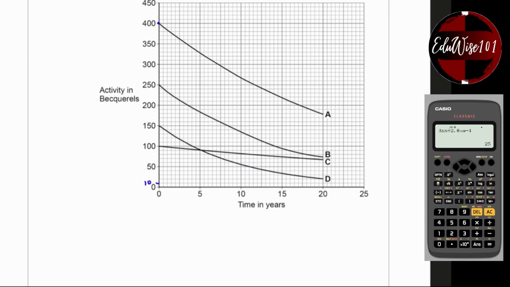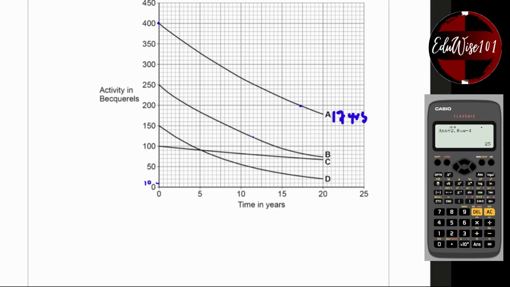So for A, it starts at 400. How long did it take for its activity to reach 200? That would be somewhere there. So that's nearly 17 and a half, about 17 years. And for B, it starts at 250. Half of that is 125. 125 should be somewhere there.